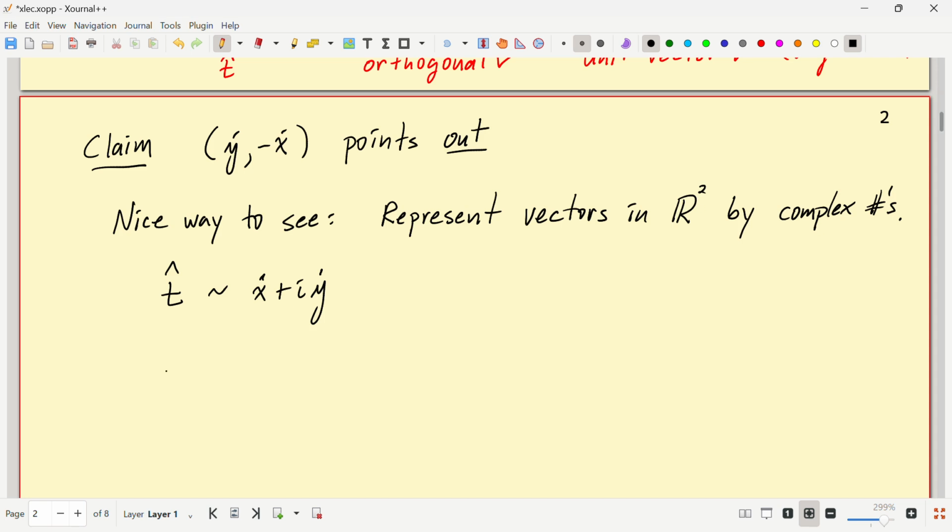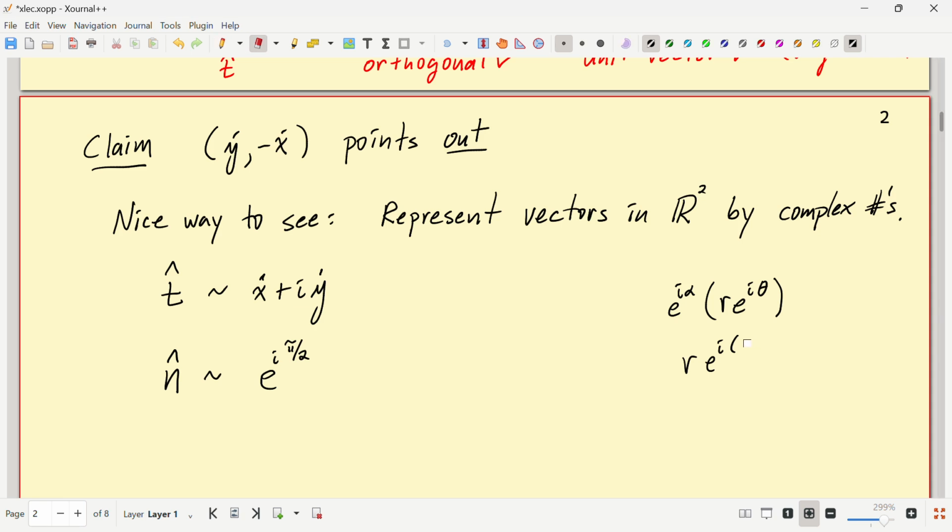Then the n vector would be represented by, if I multiply e to the alpha times r e to the i theta, I get r e to the i theta plus alpha.